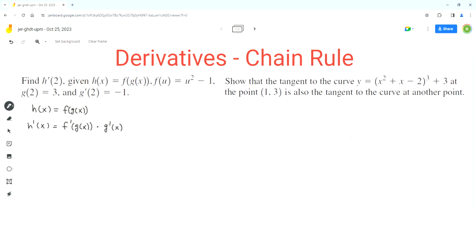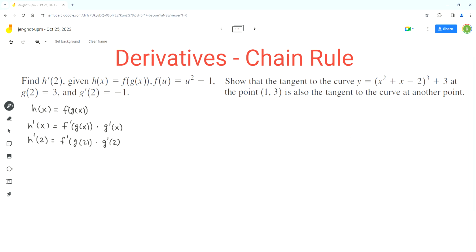Now we have to find h'(2), so we'll sub in x as 2 in this equation. So h'(2) equals f'(g(2)) times g'(2).